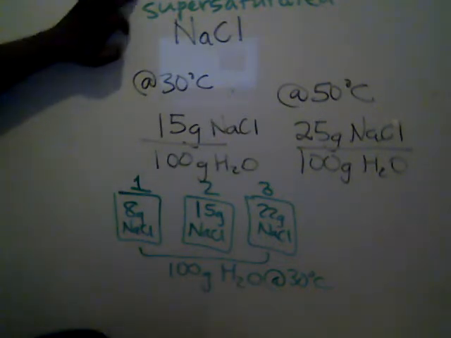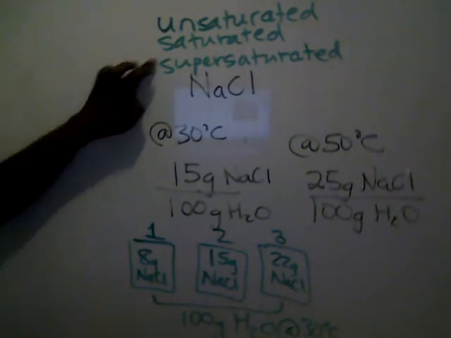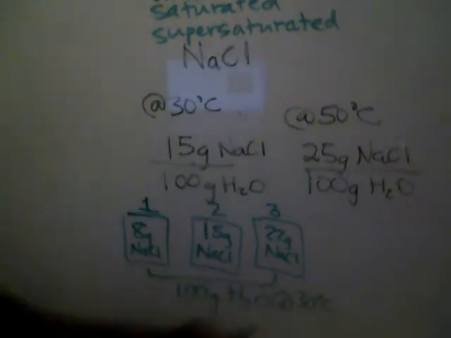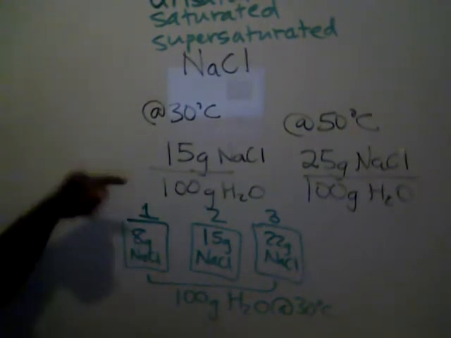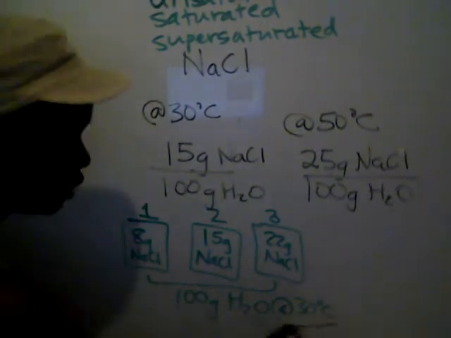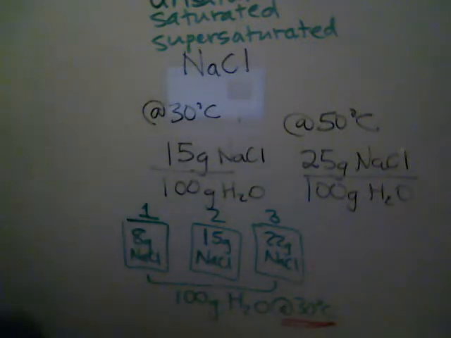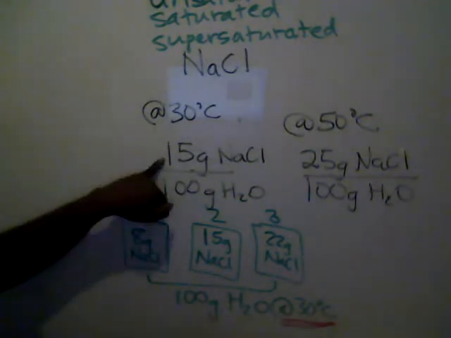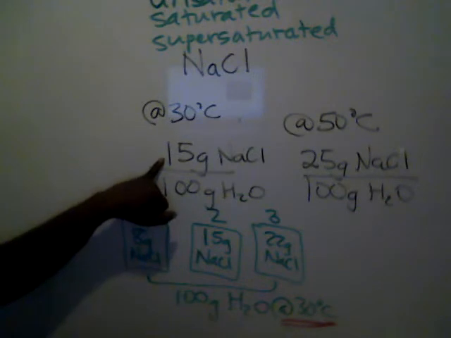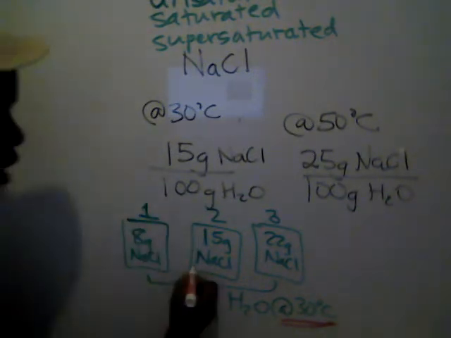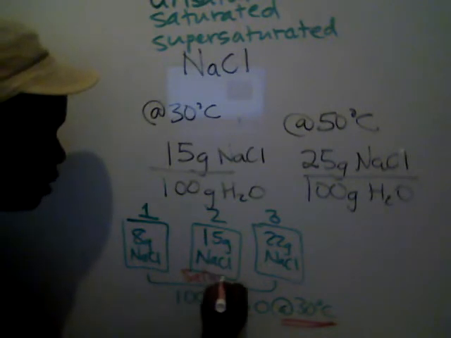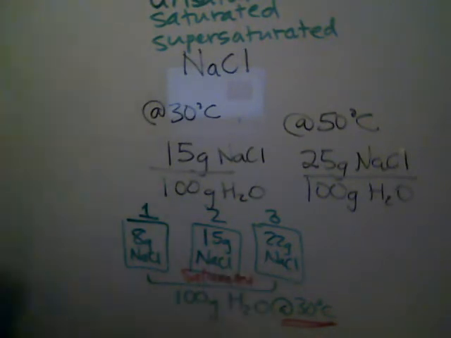Now we want to assign each of these words from up here to each of these containers. The way that we would do that is at a certain temperature. So again, we're at 30 degrees Celsius. At a certain temperature, if you added the exact amount that the solubility curve predicts the solution can take, so we added exactly 15 grams, this is saturated, meaning we added the maximum amount that we could.